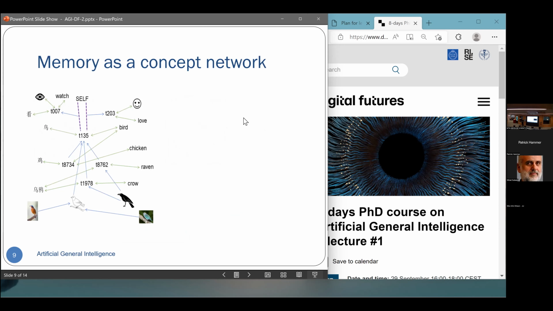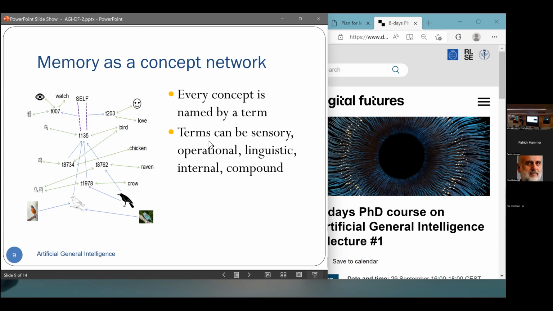So that said, this moves into the technical part. The memory of our system is, roughly speaking, just a conceptual network, as you can see. Every concept has a name, which is called a term in our system. But there are many different types of terms.